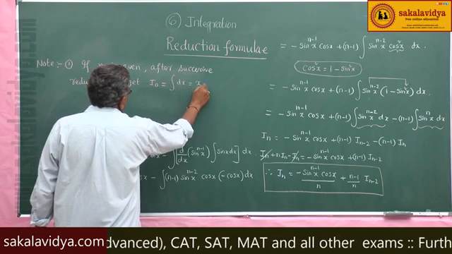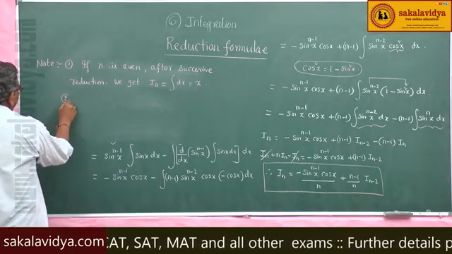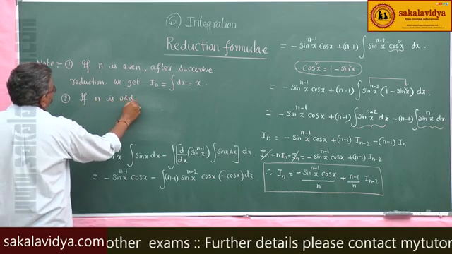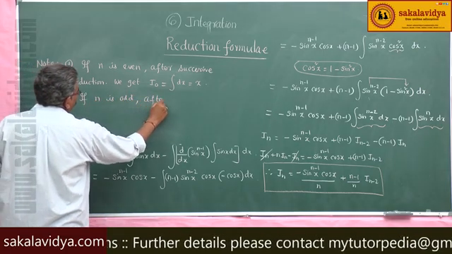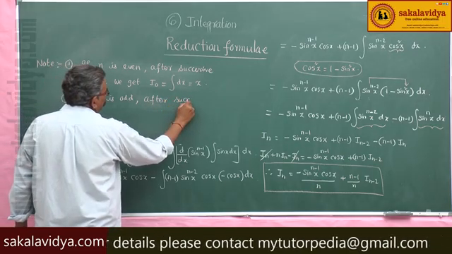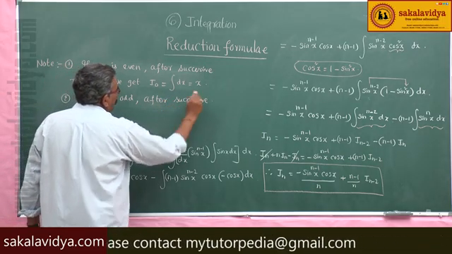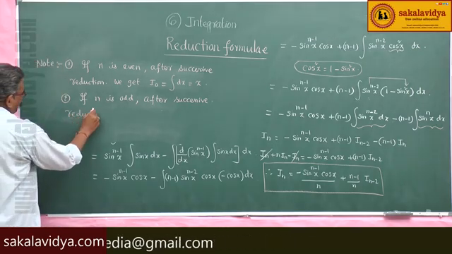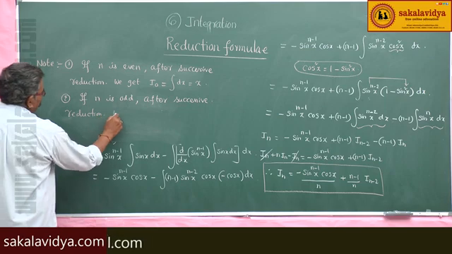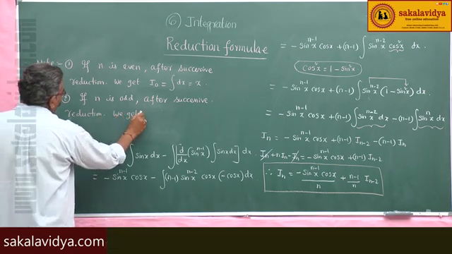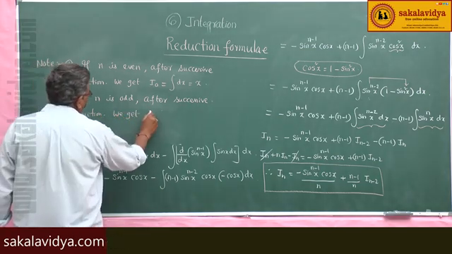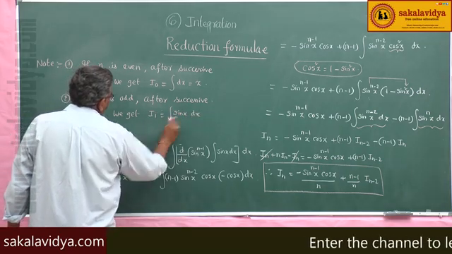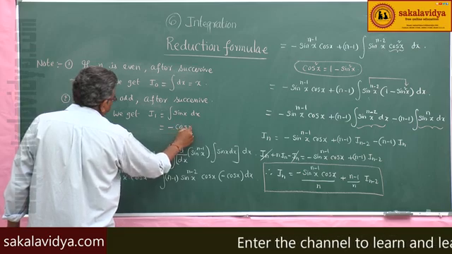So we get x. If n is odd, after successive reduction we get I_1, that is integral sin x dx, which is equal to minus cos x.